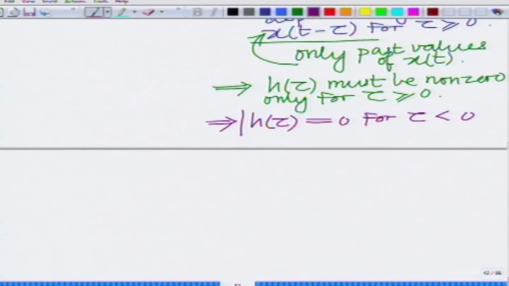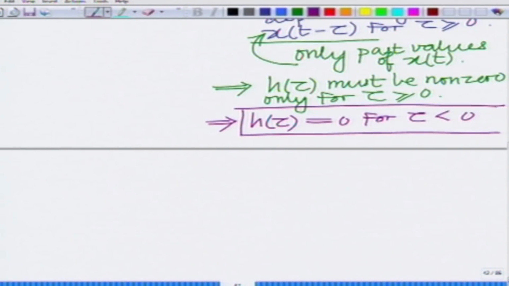This is the property of a causal LTI system, that is, the impulse response h of tau equals 0 for tau less than 0.